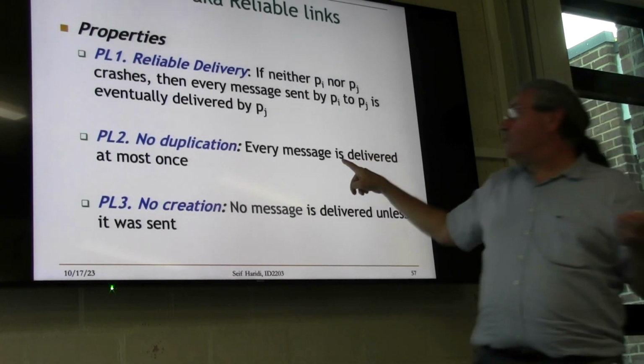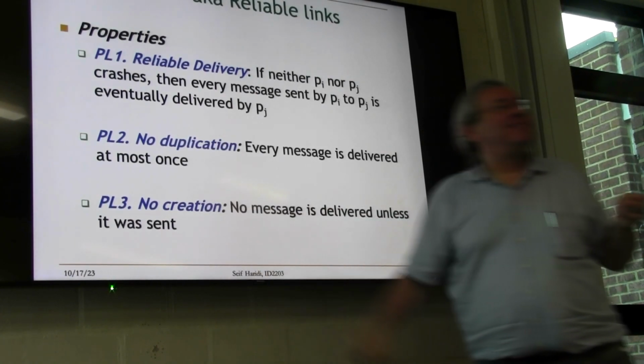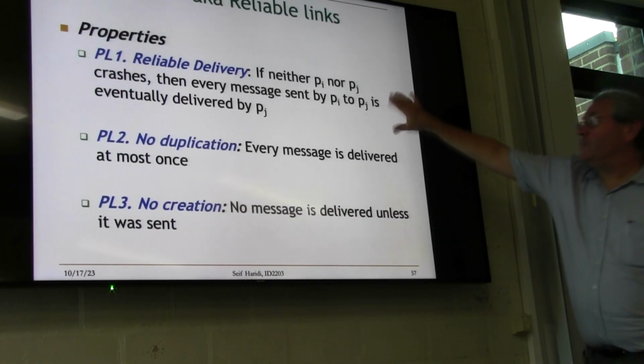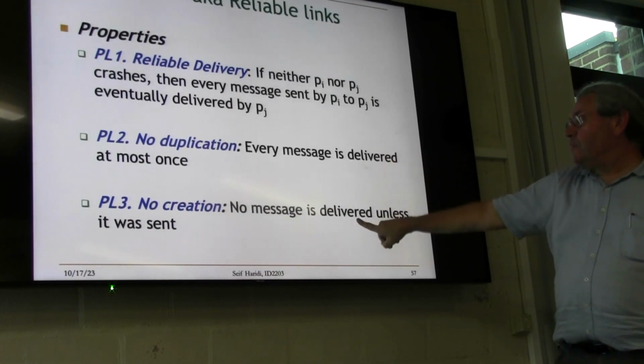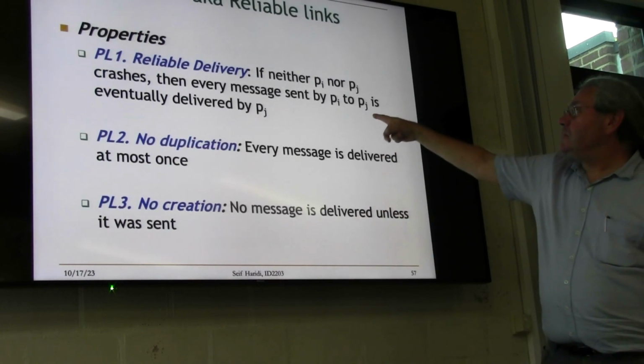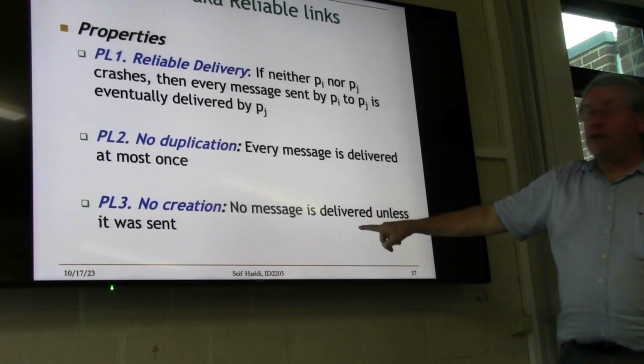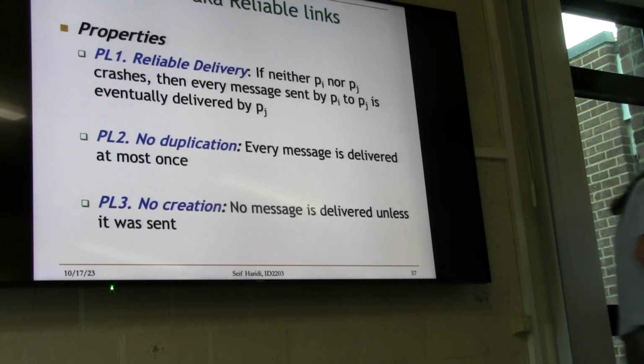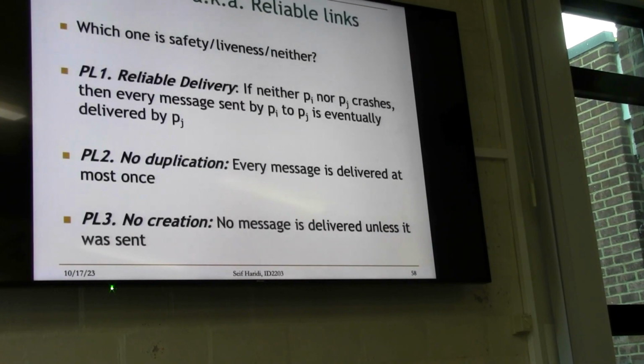But then there's our second rule, at most once. So this is at least once, at most once. And then there's the no creation. So at least once, at most once, and the network does not create messages. So all three of those together give you a perfect communication link. And you can figure out which of them are safety and liveness.